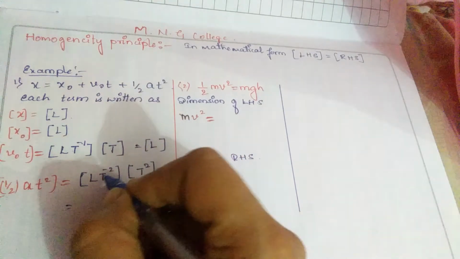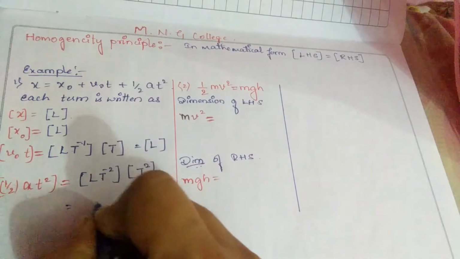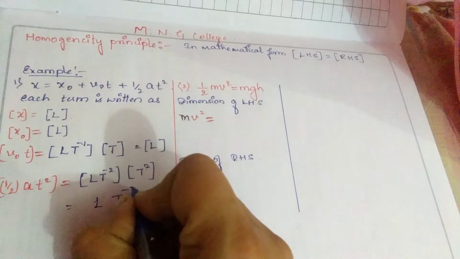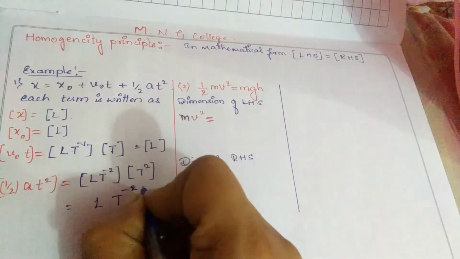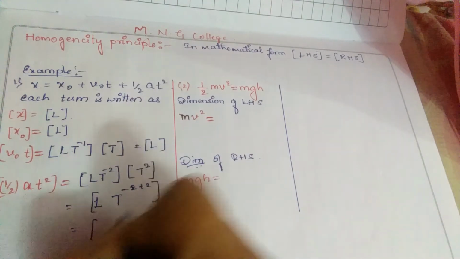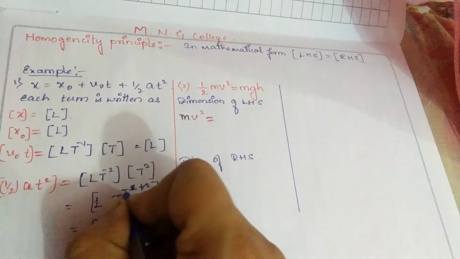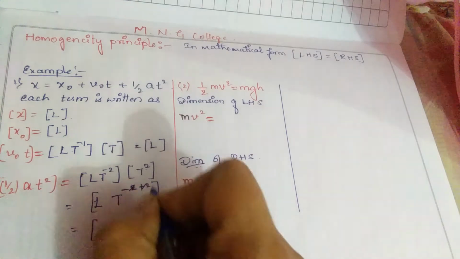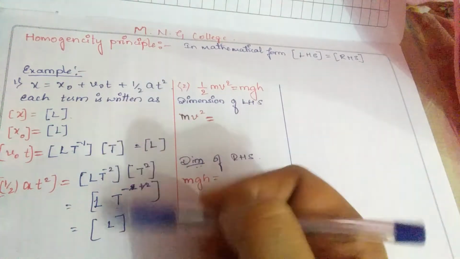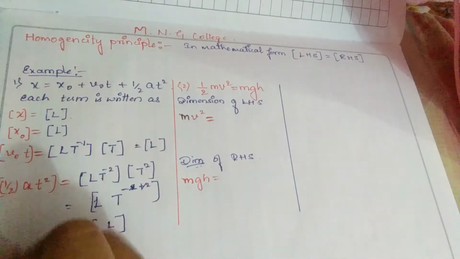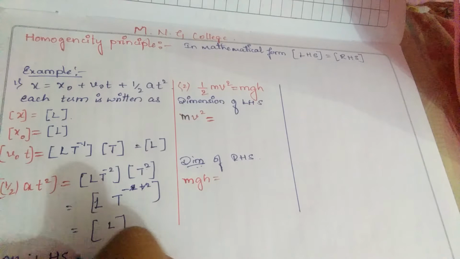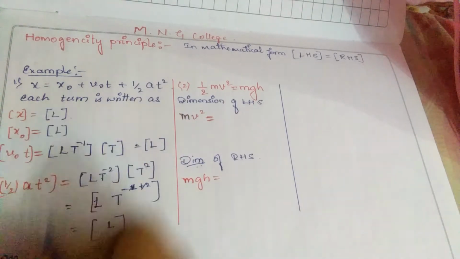So here the dimensions are the same, T to the power of minus 2 and plus 2 get cancelled. So in this case, every term on the LHS is L.